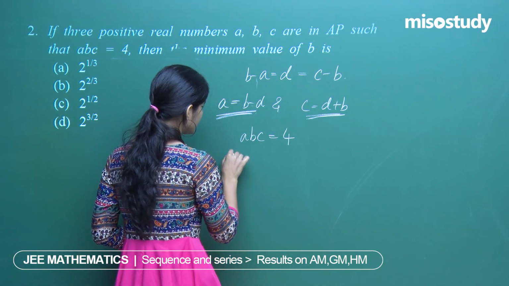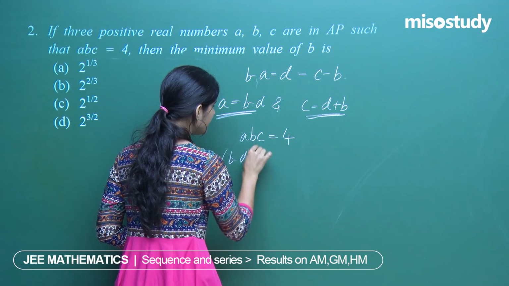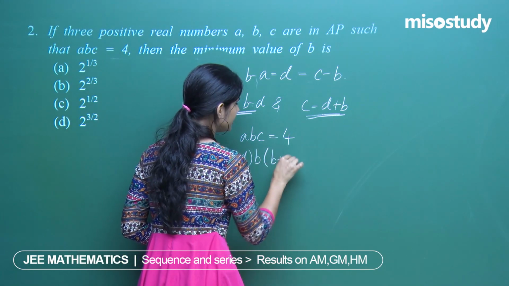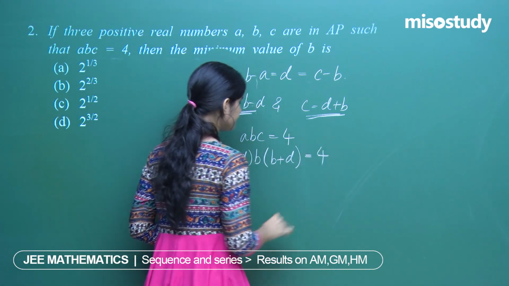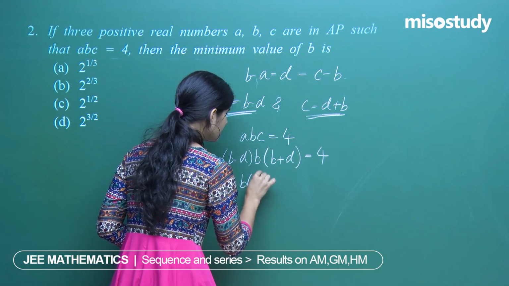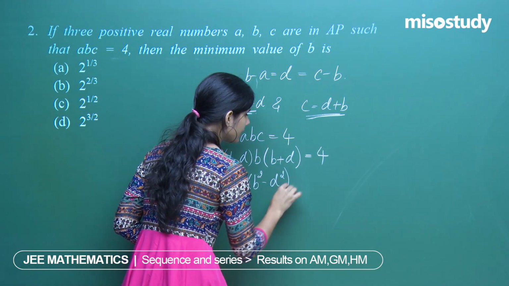A is B minus D, B is B, and C is B plus D. This means B into B square minus D square is 4.